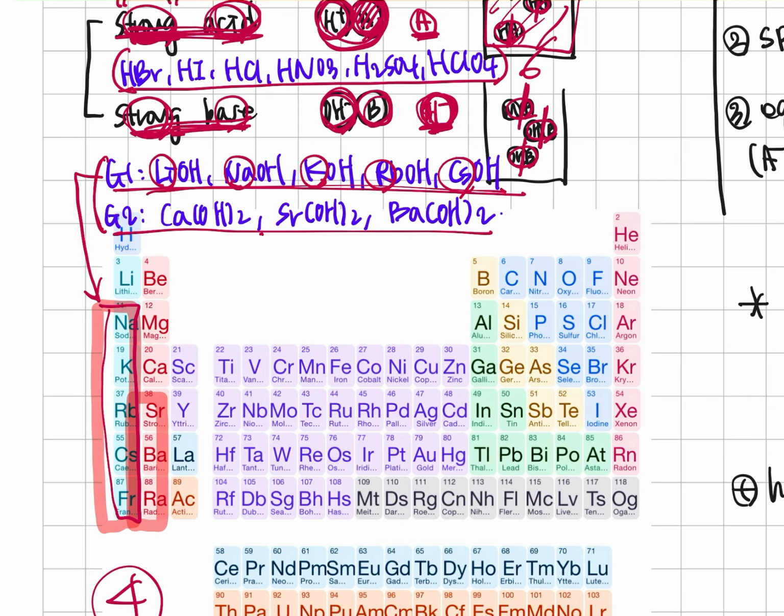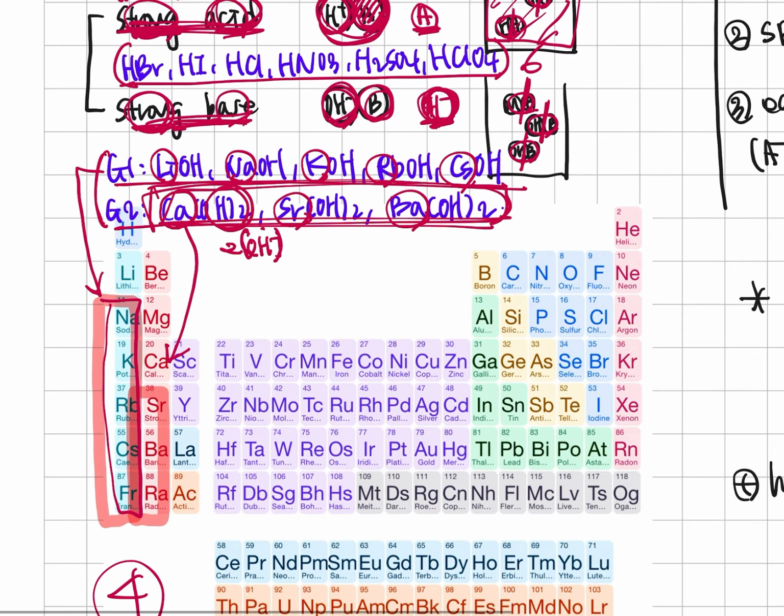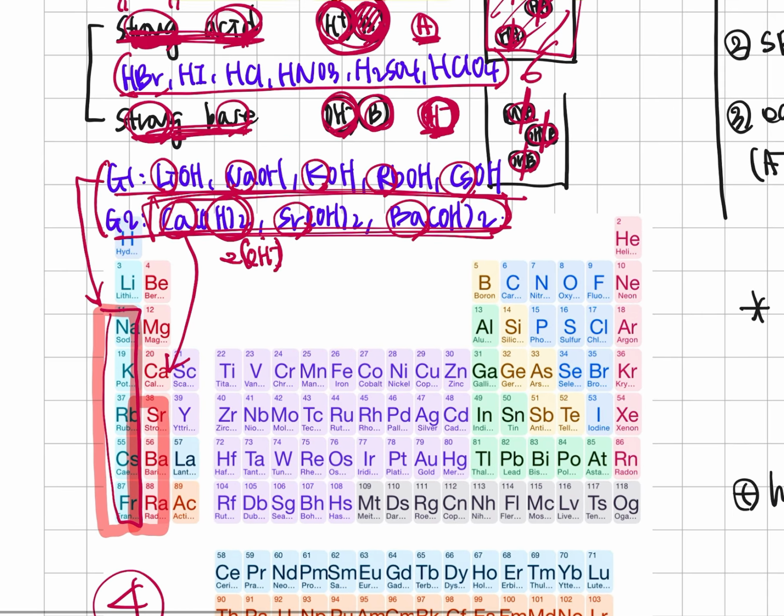And these ones are all in group 2. Just remember that there are going to be 2 OH minus ions for these strong bases. And for strong acids, unfortunately, you do have to memorize them: Br, I, Cl, NO3, SO4, and ClO4.